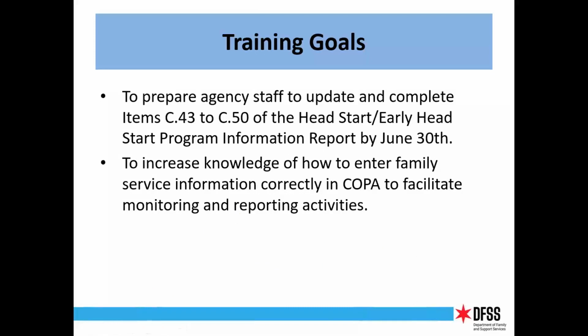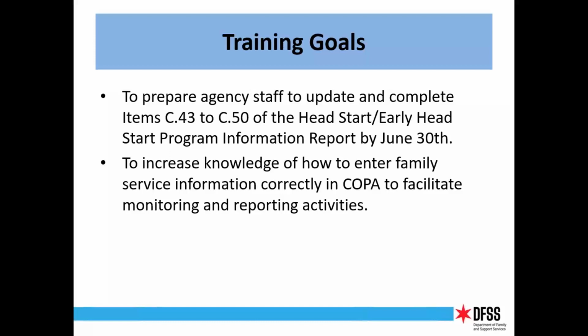So our goals today are fairly simple. We would like to make sure staff are able to update and complete the items on family services. These are C43 through C50, and turn that around so we can get an updated view of where our program sits at the end of our funding year, which, believe it or not, is coming up in 20 days at the end of the month.